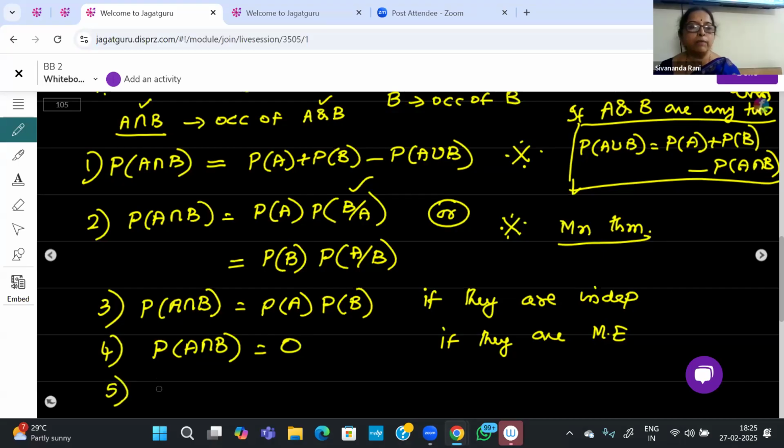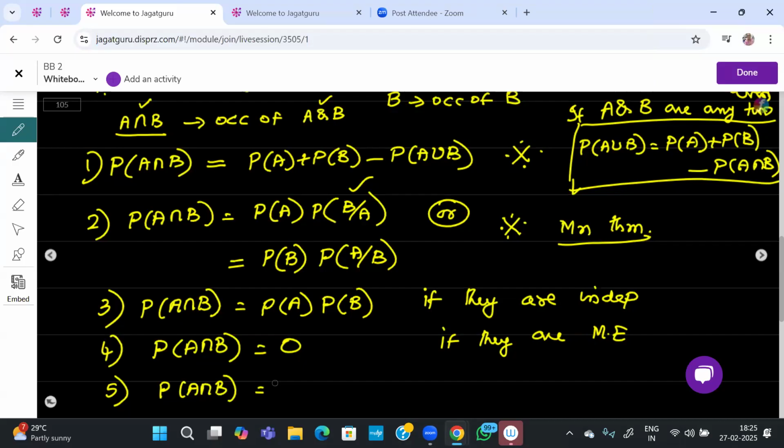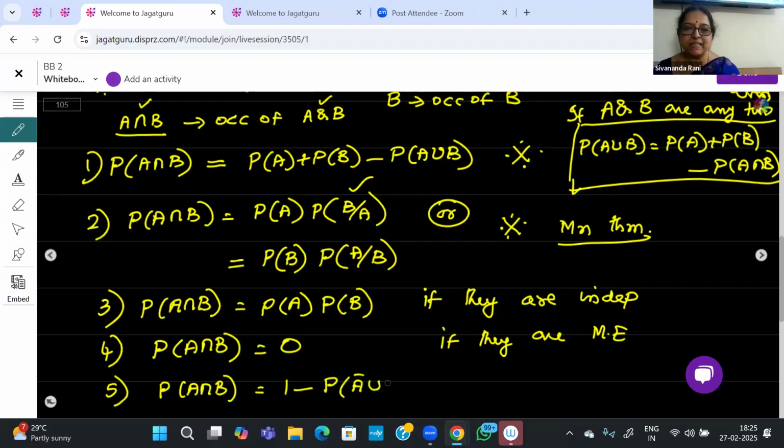Is there any other way of expressing P of A intersection B? Let me see, because many of you are very creative. One minus P of A dash union B dash. Ah, Sai, excellent. Did you say this?